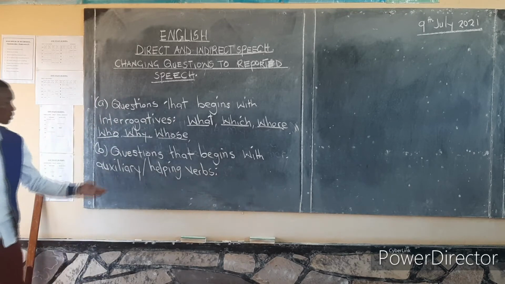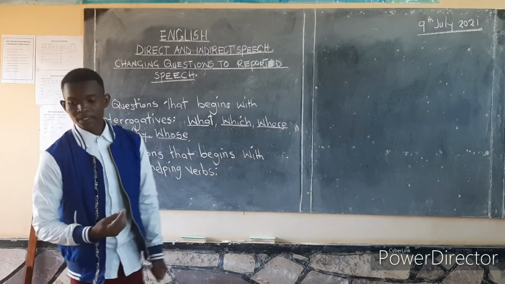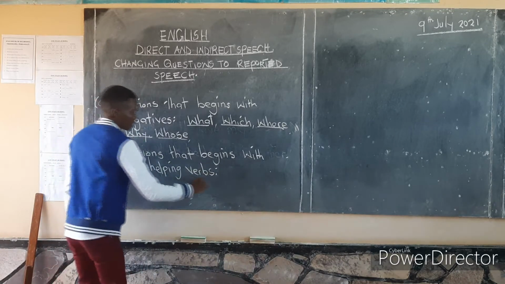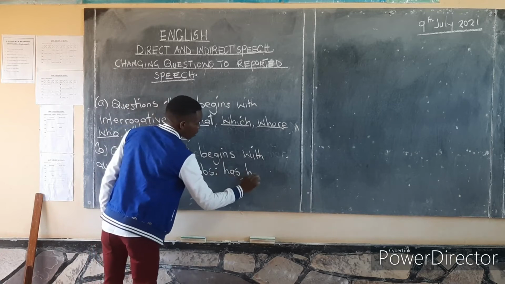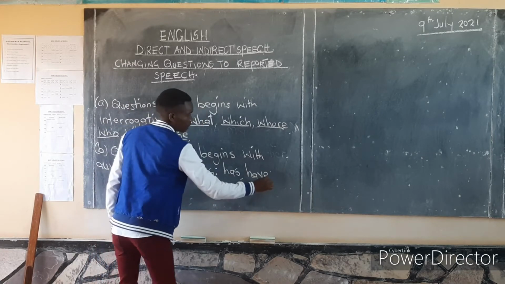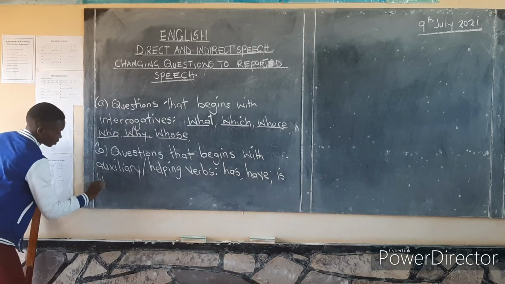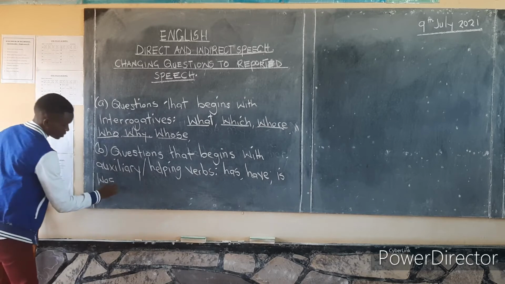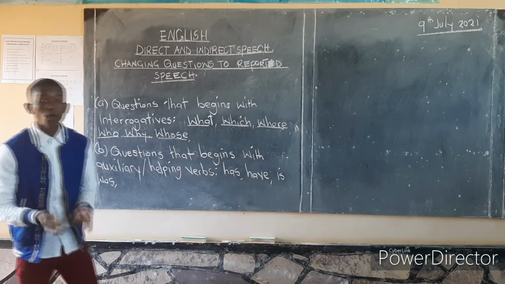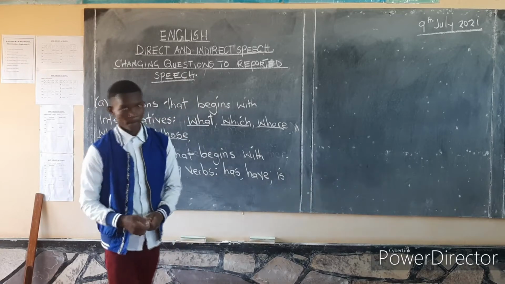When you talk of auxiliary or helping verbs, these are simply verbs such as has, have, is, was, were, does, did, and many more.